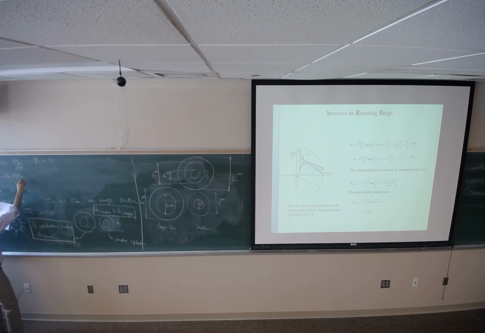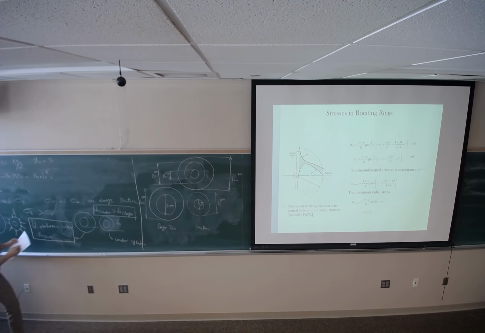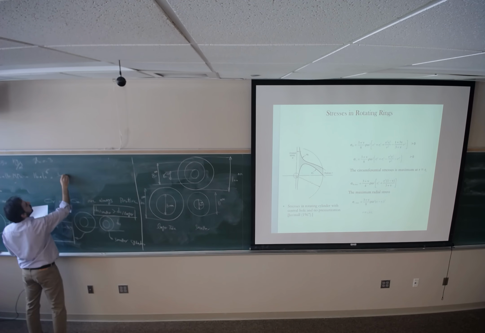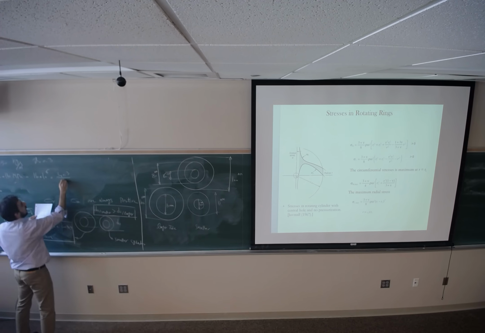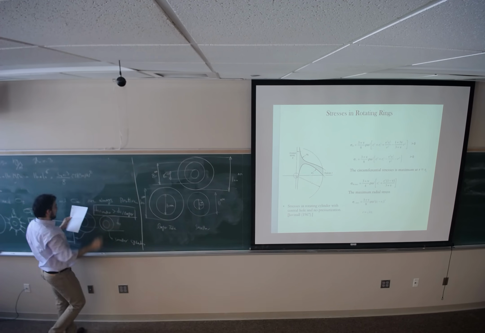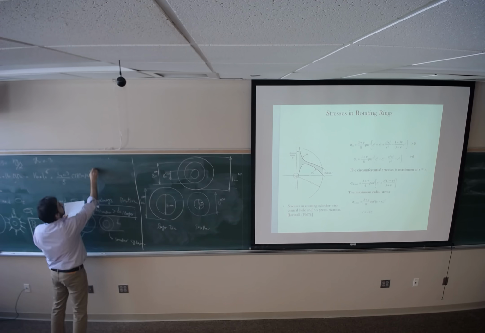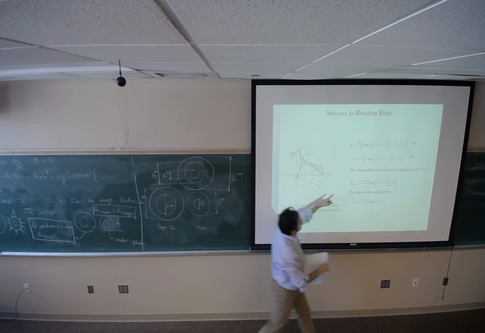So it's going to be 110 times 10 to the power 6 equals, just write, (3 plus mu, where mu is 0.3) divided by 8, rho is 7850, omega squared times Ri squared.